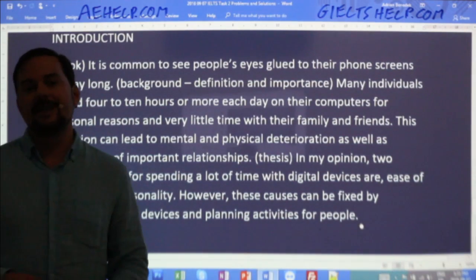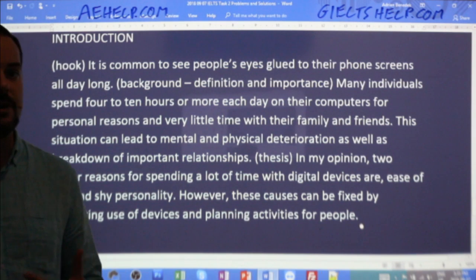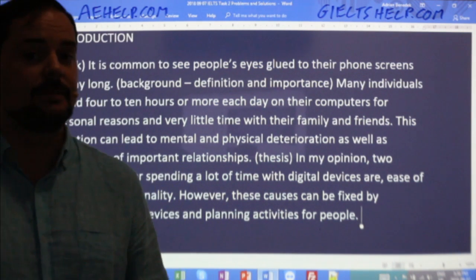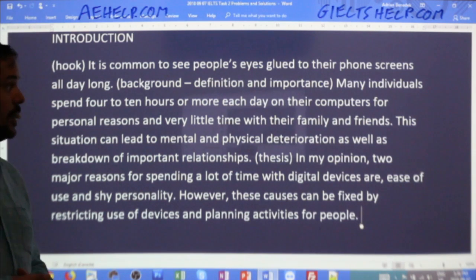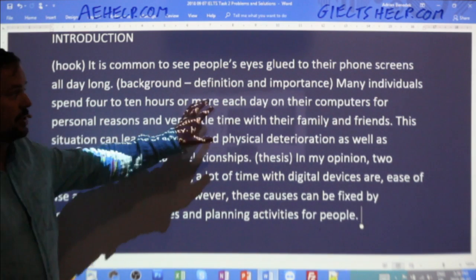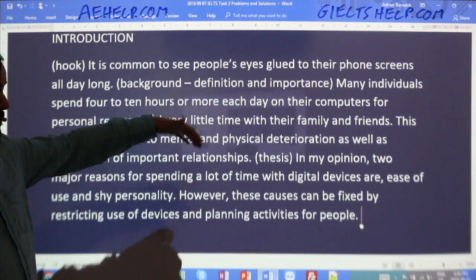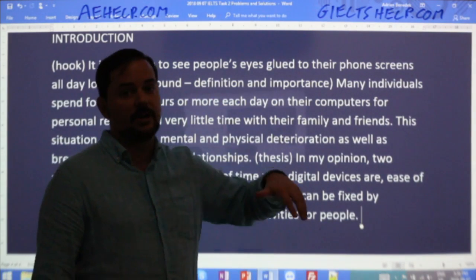If you're going to take a minute to review any one of your paragraphs, if you have a little bit of extra time in that 40 minutes, the best one to review is your introduction. And it's probably a good idea to review it before you even start writing your body paragraphs.